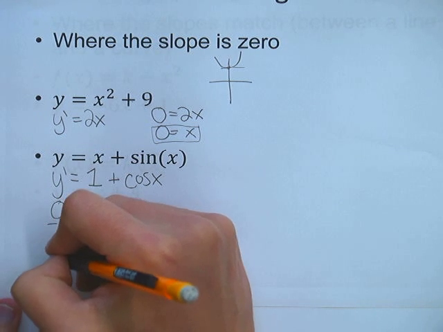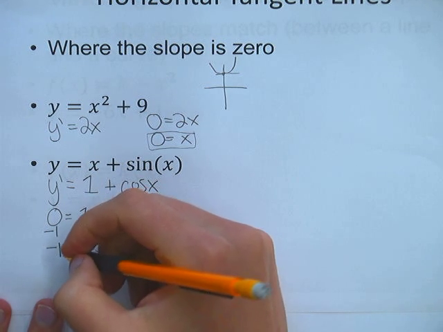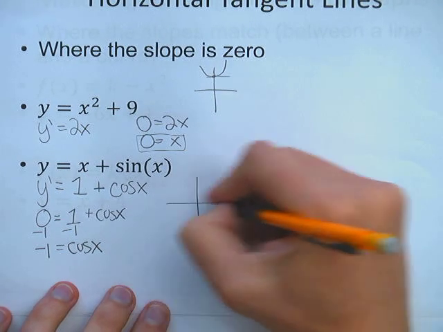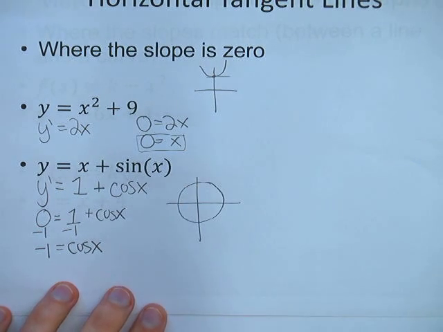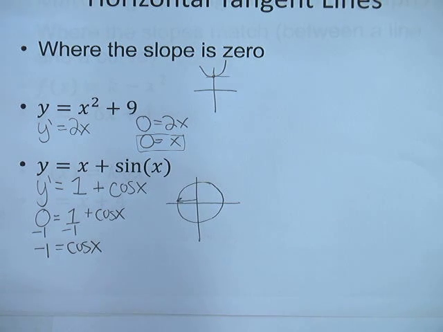And then where is cosine of x equal to negative 1? And we're going to have infinite answers to this. But the most obvious one is on our unit circle, where cosine is negative 1 is here. So that's at pi or negative pi.